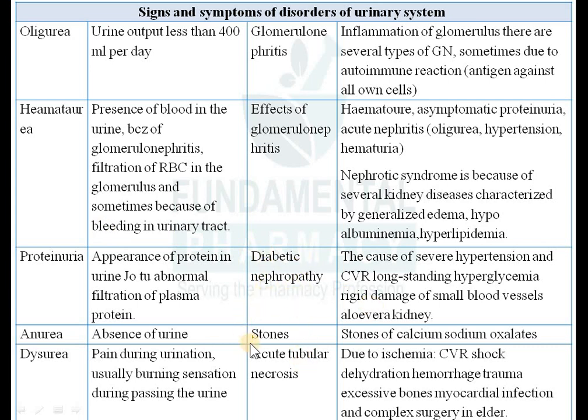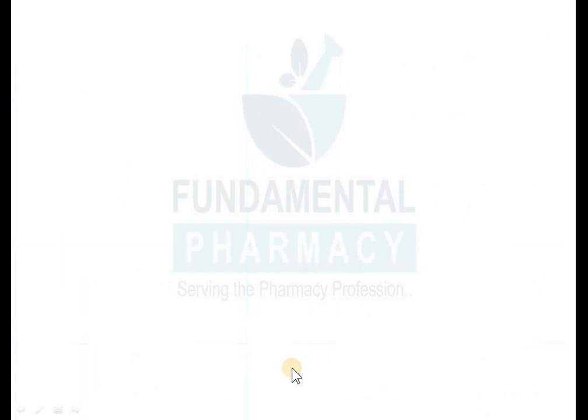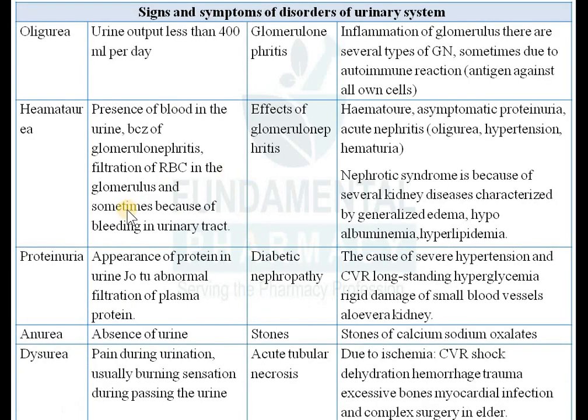Then stones, there will be development of numerous stones like calcium oxalate stones. Okay, the kidney stone that you know. Then acute tubular necrosis due to ischemia, then cardiovascular shock, then dehydration, hemorrhage, etc. This is not so important, it is only for your knowledge.